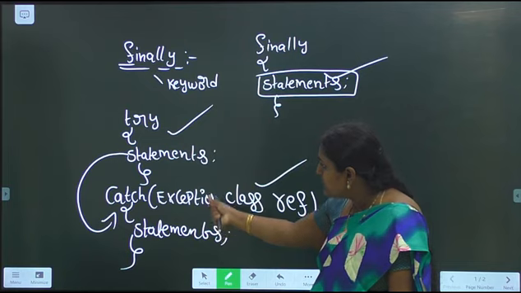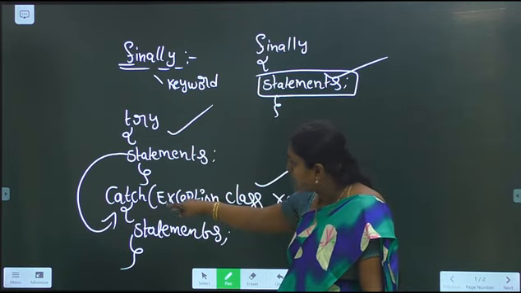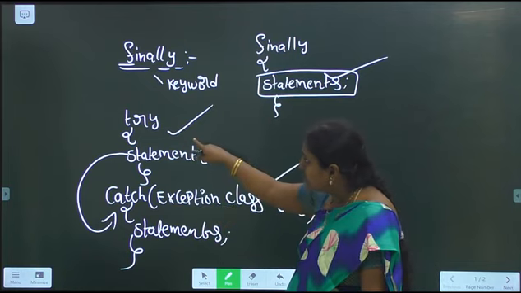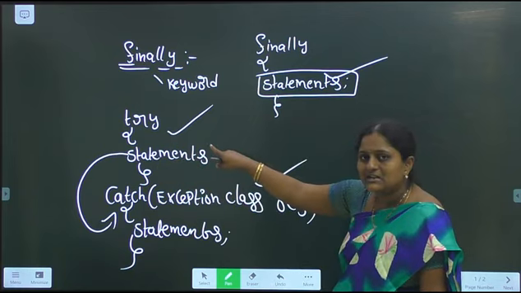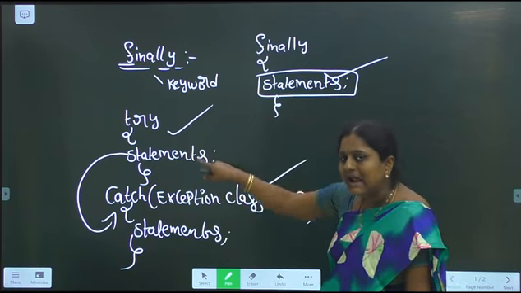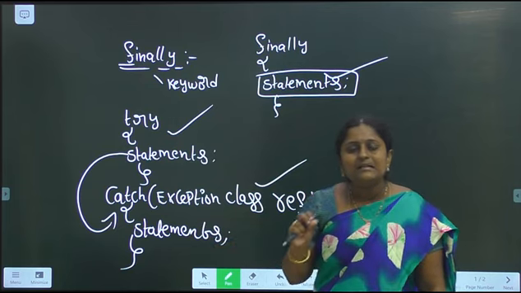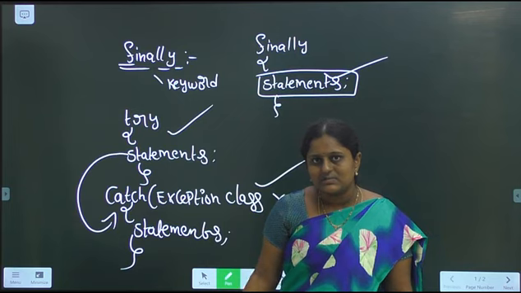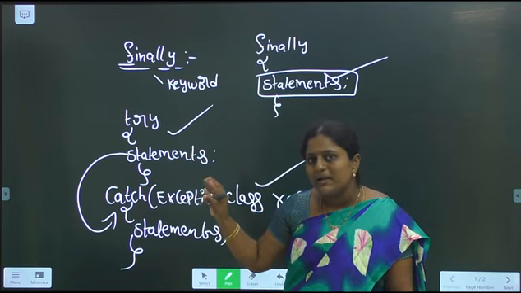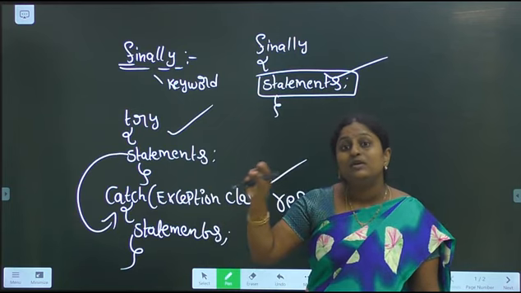So what is the importance of the catch block? The catch block receives the identified exception from the try block, creates an exception object representing the corresponding exception class, and handles the exception. Simply we can say try identifies the exception and catch handles the exceptions. So the try block is executed if an exception did not occur.